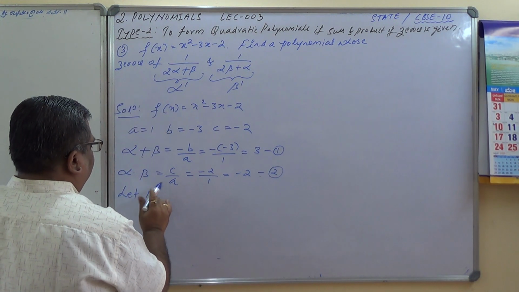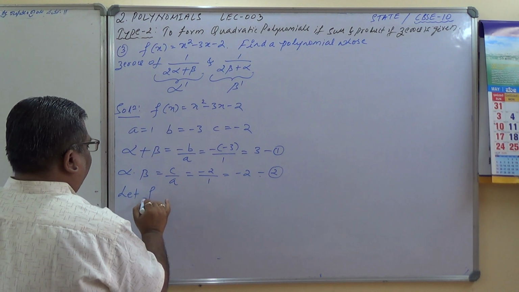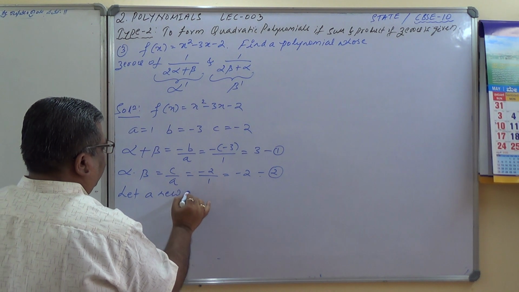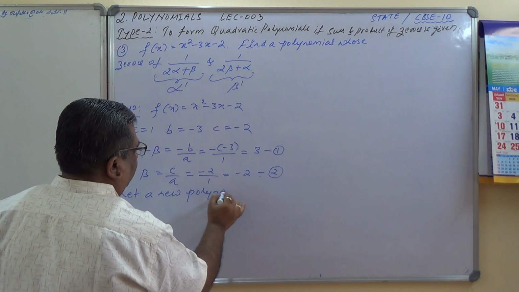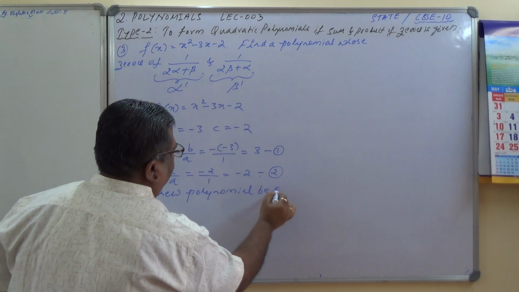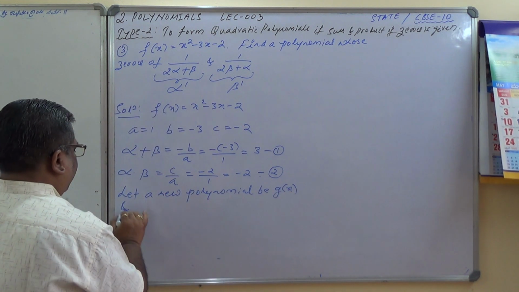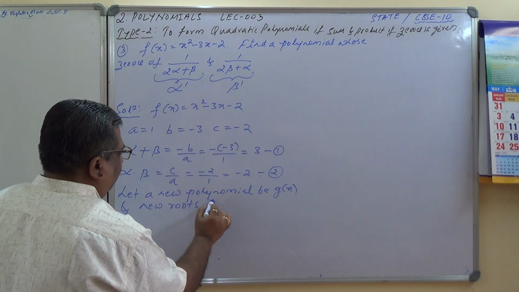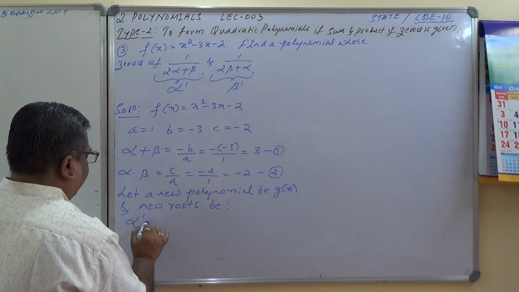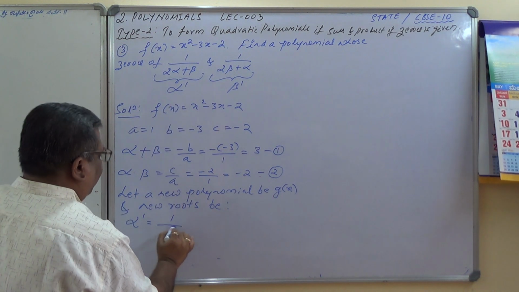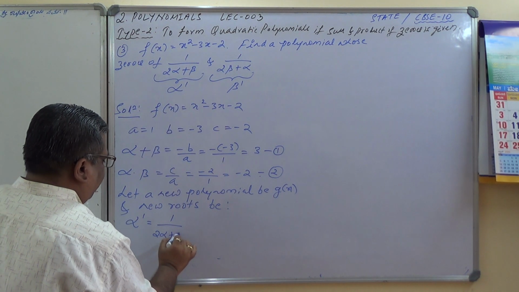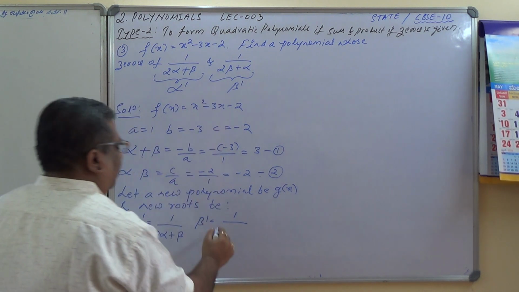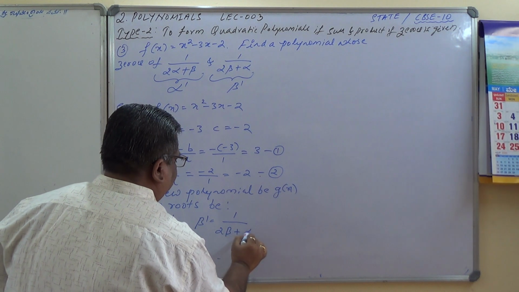Let a new polynomial be g of x and new roots be alpha dash equals 1 divided by 2 alpha plus beta, and beta dash equals 1 divided by 2 beta plus alpha.